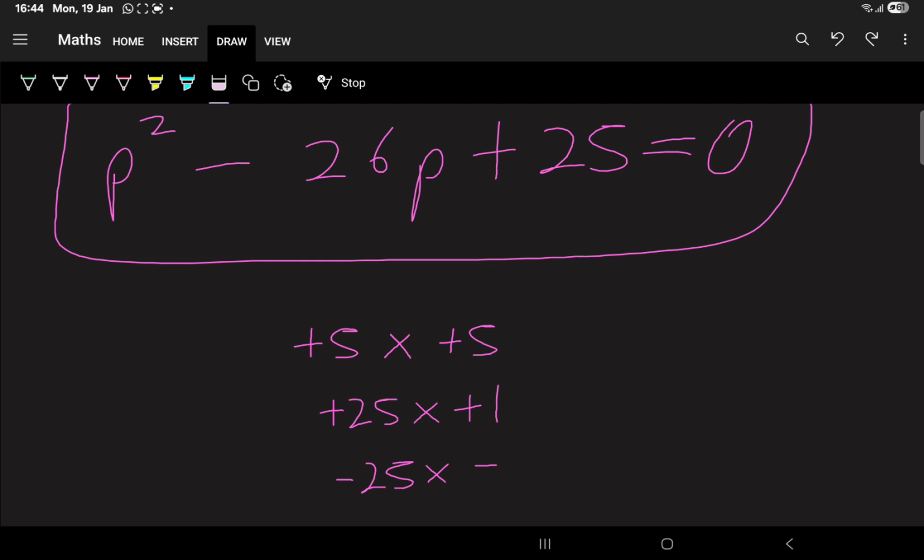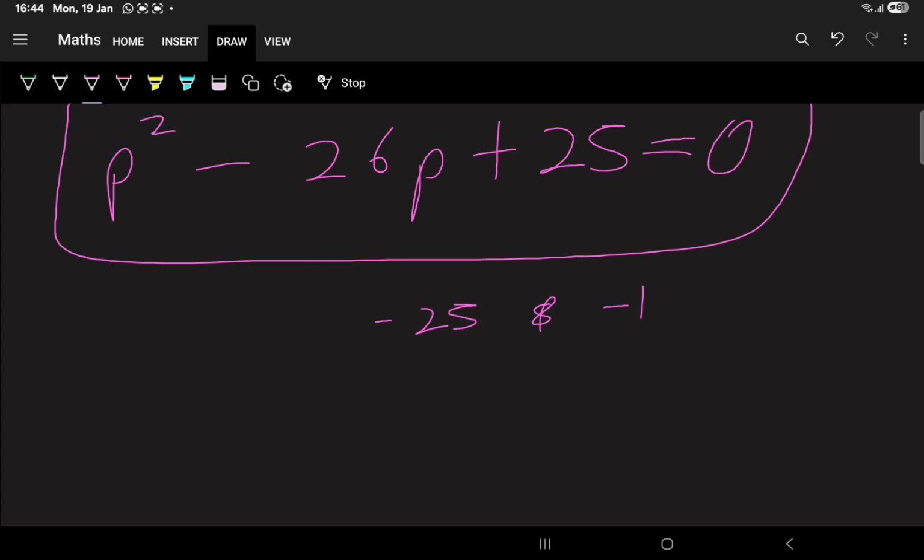So, the two numbers I'm going to use are negative 25 and negative 1, because they'll multiply to give positive 25 and add up to give negative 26. Now, I'm going to put these two numbers in place of 26p.